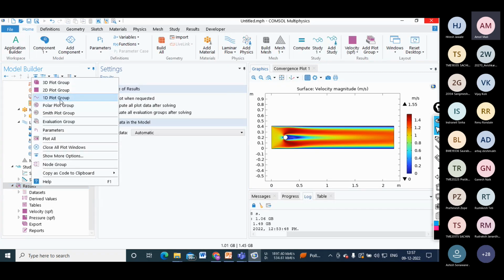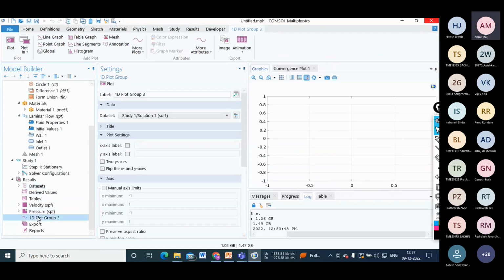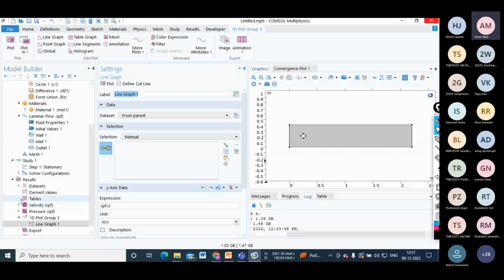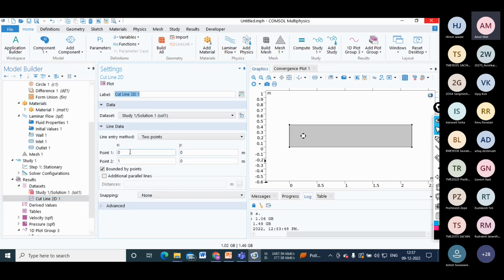So what we will do, we will try to take a 1D line. Again I will take a 1D plot. I will select a data set and we will select a 1D line tool, cut line 2D. Okay, x axis will be 0, and for y, how much do we need to take?